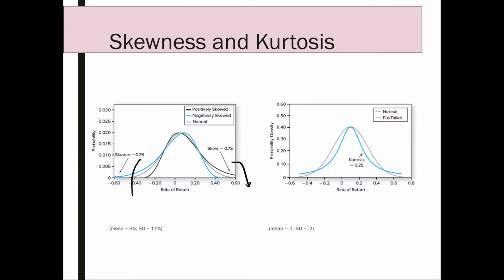If you have negative skew, the standard deviation actually underestimates risk, looking at this blue line, because you have a greater amount of your returns being below the mean. Then with kurtosis, you can see that we still have symmetry here, but the tails are a lot larger. So there's a higher likelihood of extreme losses or extreme gains.